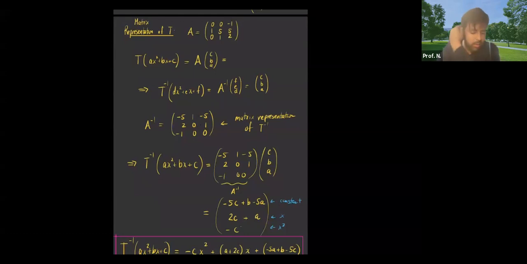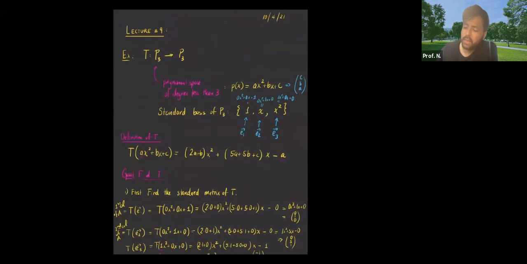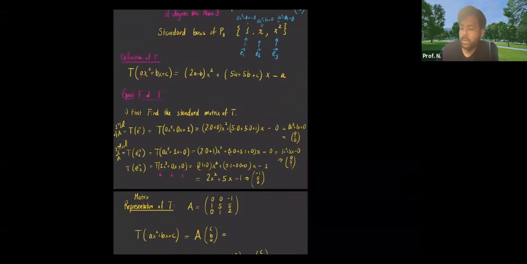Yeah, exactly. And that's the reason why I'm going over this, just in case, for those of you who are having that problem on the homework, because that homework is almost identical to this, finding the inverse transformation from P3 to P3.